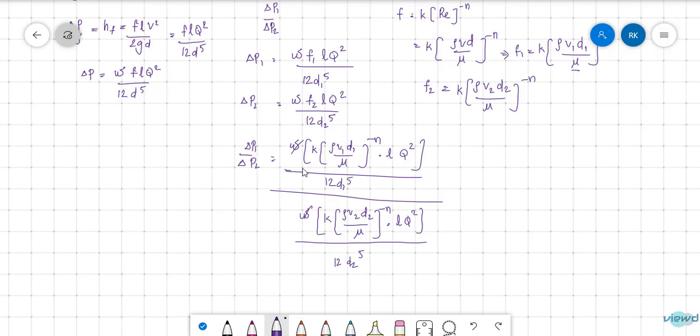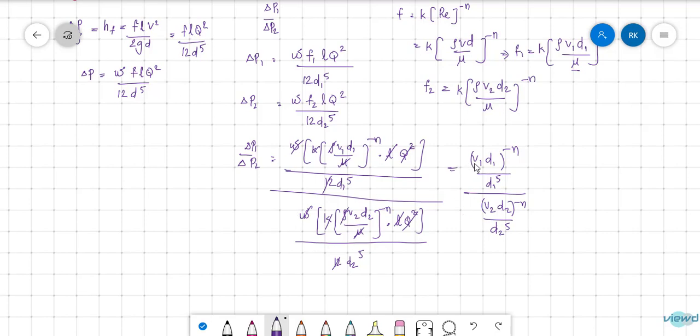So w gets cancelled, K gets cancelled, rho and mu get cancelled, and L Q squared by 12 all get cancelled, and finally what remains is V1 D1 power minus n divided by D1 power 5, divided by V2 D2 power minus n divided by D2 power 5.